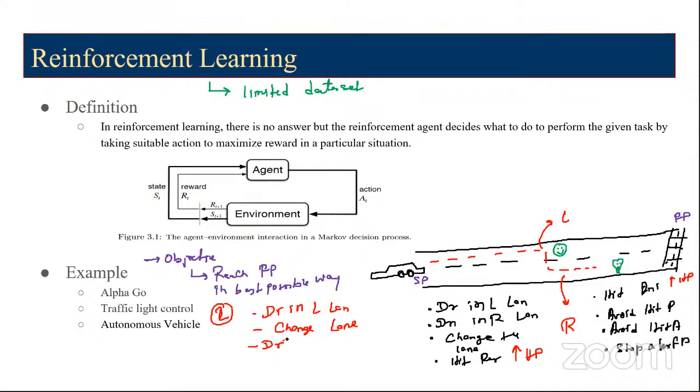Then drive in right lane. And then, as we are in the third iteration, the moment it encounters the animal, change the lane. Then drive in left lane, and then stop once you reach the finishing point.